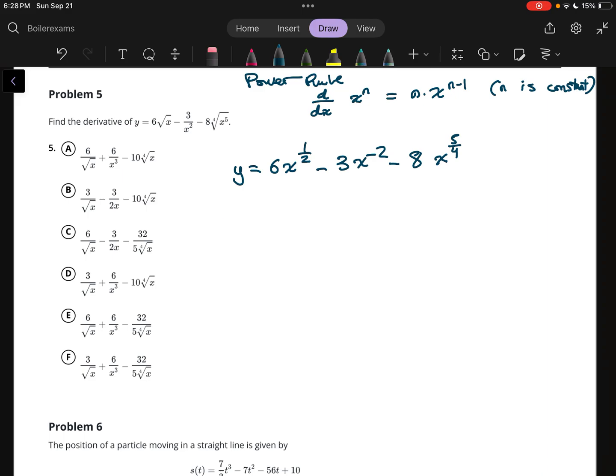Okay, so now we can take the derivative as normal using the power rule. If I want to find the derivative of this entire thing, I can just take the derivative of each of my individual parts and then combine them. So the derivative of 6 times x to the power of 1/2 would be 6 times 1/2 times x to the power of -1/2.